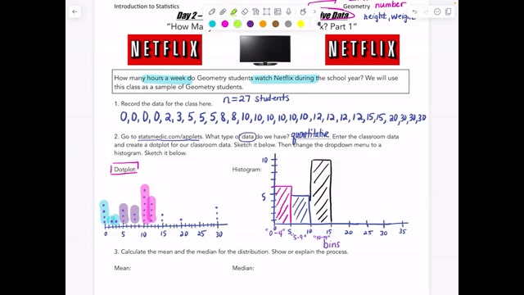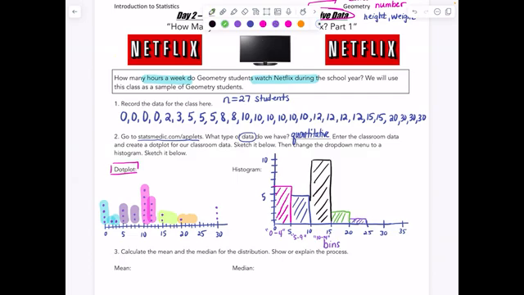Then 15, I have 2. Let's go back and highlight again. So 15 to 19, I only have 2. So that means I'm going to go right here. I'm going to look over to the left to see where 2 is. And at 20, I only have 1, 20 to 24. There's only 1. And so when I make that bin, I'm just going to go down at 1.